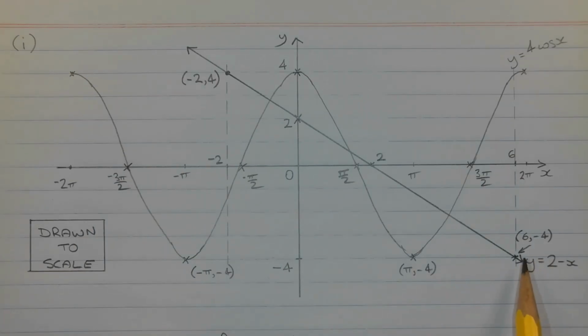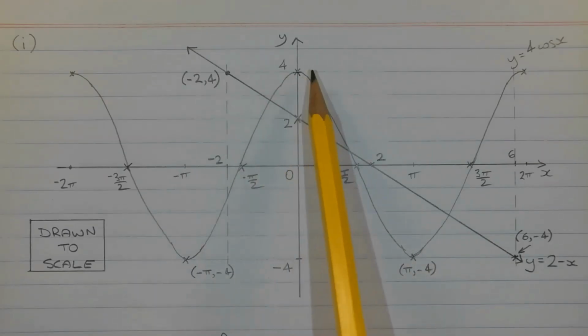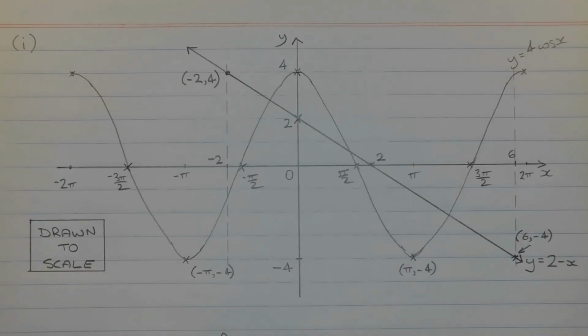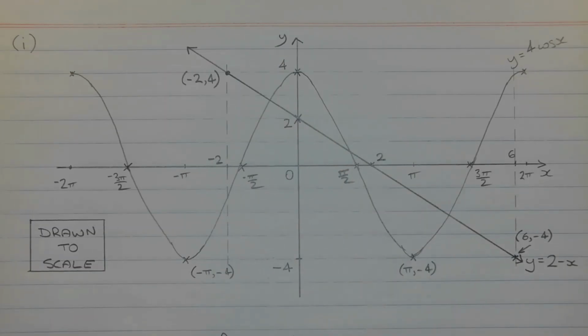And if we go beyond x equals 6, y equals 2 minus x goes below y equals negative 4. But the cosine curve will only go from negative 4 to positive 4. Hence, all solutions to 4 cos x equals 2 minus x must lie in the interval x greater than or equal to negative 2 and less than or equal to 6. And they're evident in the points of intersection of the two graphs, here and here.